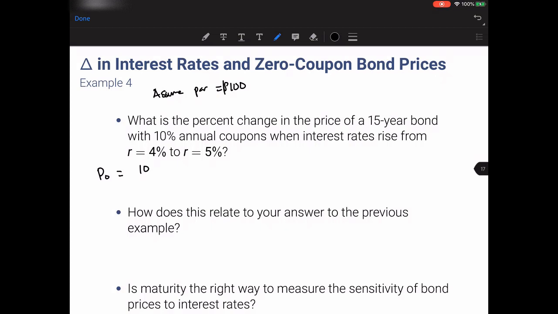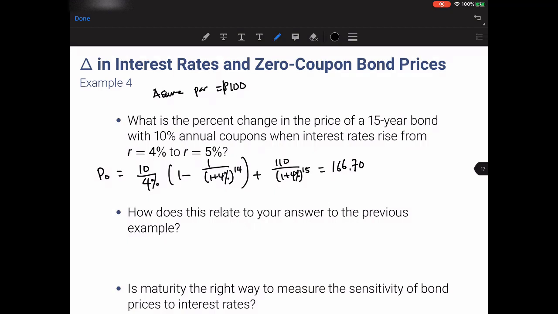That's 10 divided by 4% times 1 minus 1 over 1 plus 4% to the 14th power, right? And then plus the final bullet payment of $100 par value plus the final coupon payment. So that's 110 divided by 1 plus 4% to the 15th power, the last period. That's going to give us $166.70.